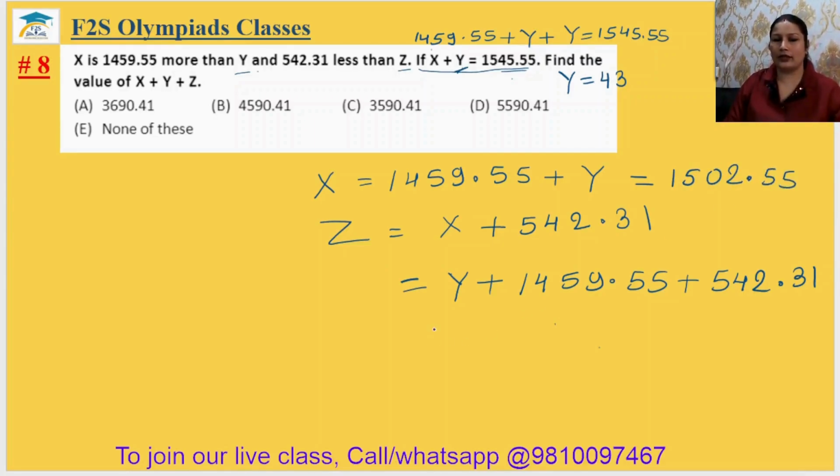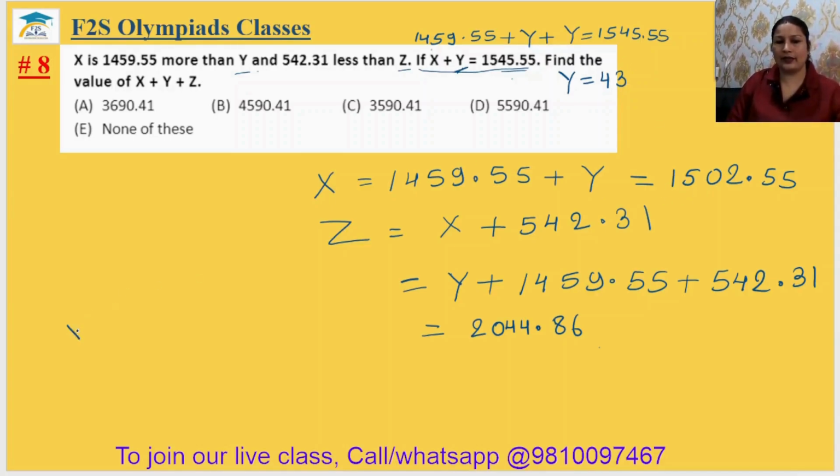And Z will be equal to Y, which is 43, plus 1459.55 plus 542.31. So this will come to 2044.86. So you know Z, you know X, you know Y.